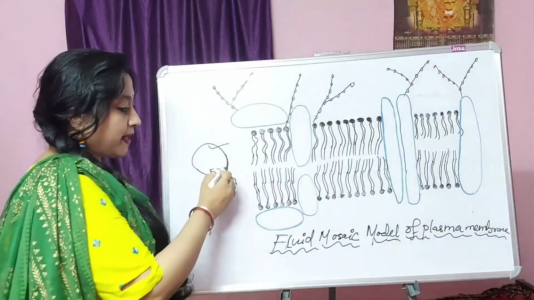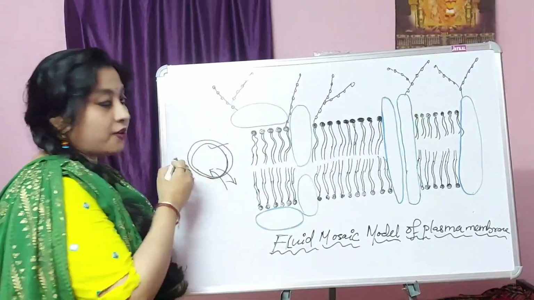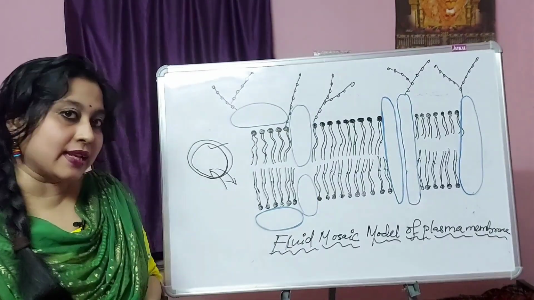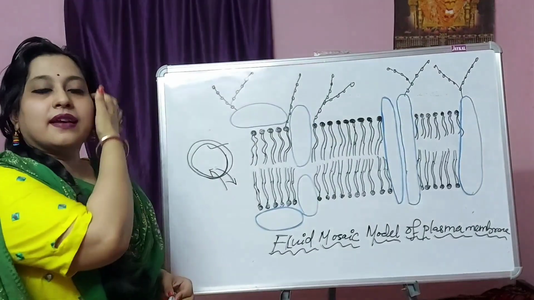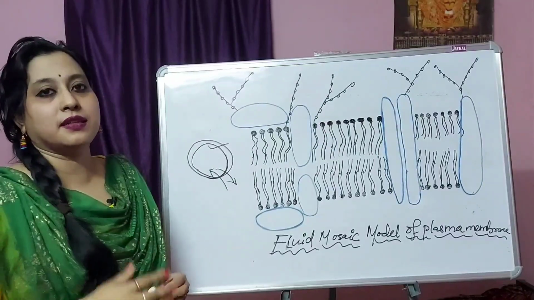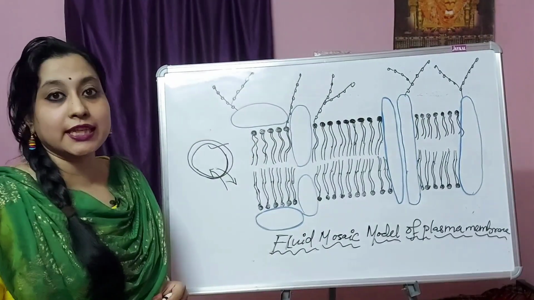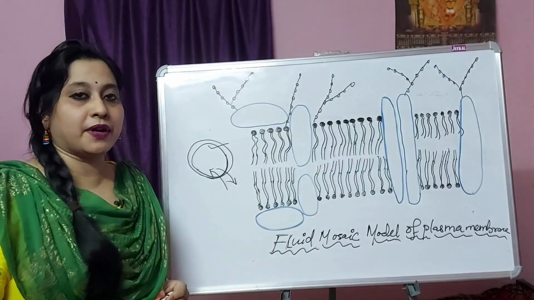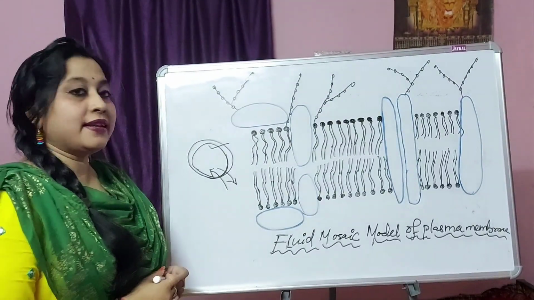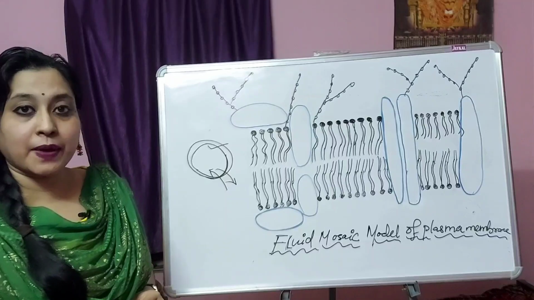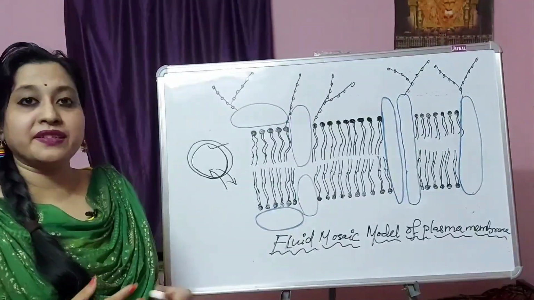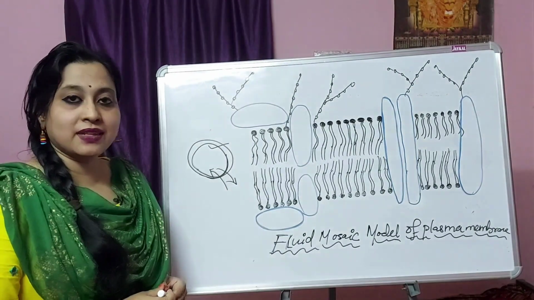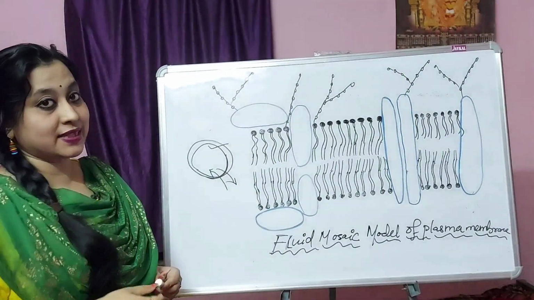Basically the plasma membrane, the outer covering of the animal cell, takes part in exchange of substances, and that's why its feature is that it is selectively permeable, or semi-permeable. When the cell requires water or any solute particles, ions, minerals, it allows the substance to enter and leave the cell.